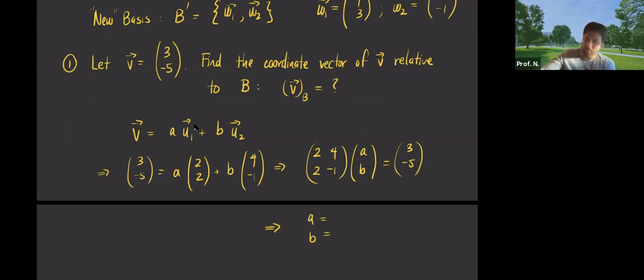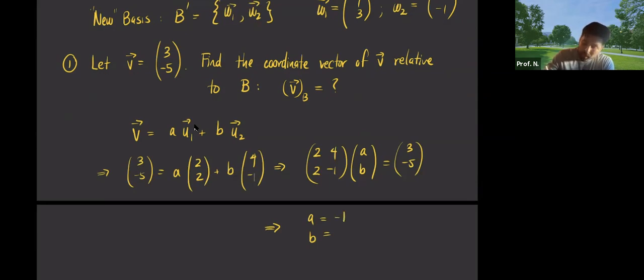So when you do that, what do you get? Again, I would recommend just doing this using your calculator because it's quicker. So I do the matrix [2 4; 2 -1], and then a 2 by 1 matrix, which is (3, -5).